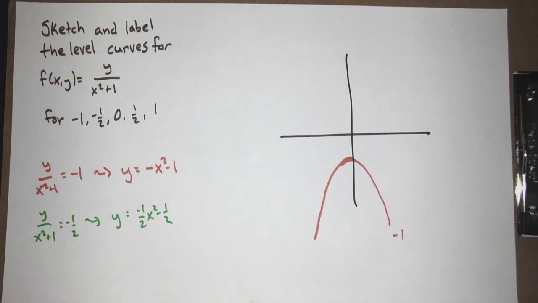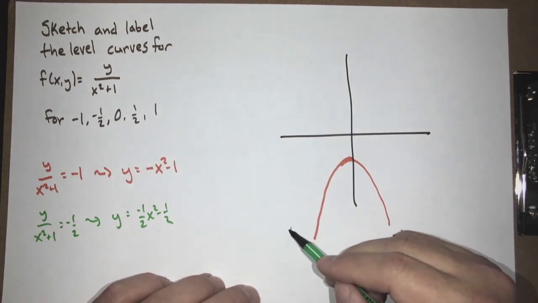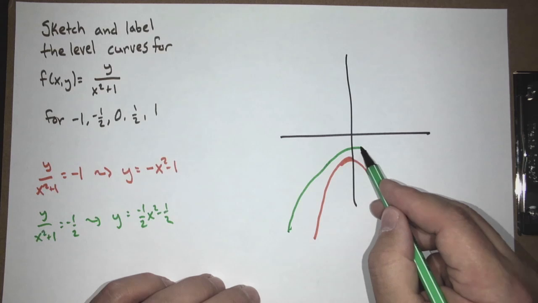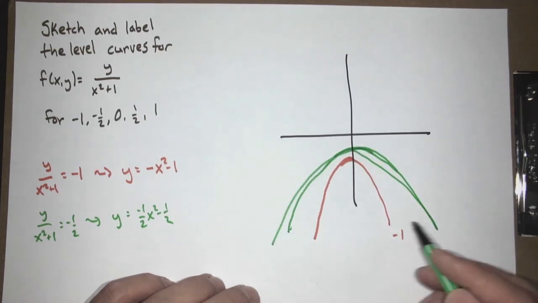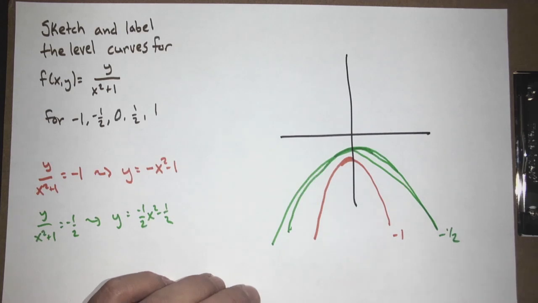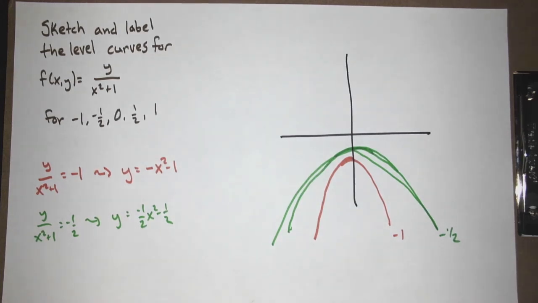It's not shifted down so far, but still opening downwards. Anything else about this parabola? It's kind of wider. Yeah. Okay, I'm really bad at drawing this, but imagine you had somebody who had good technology.